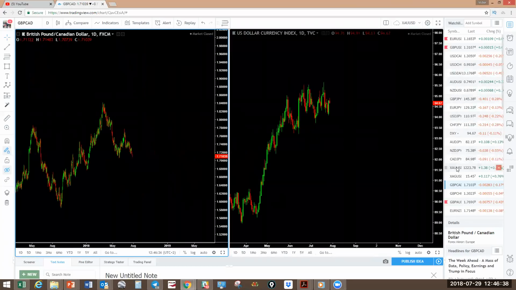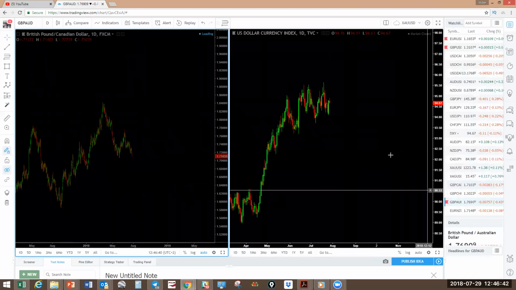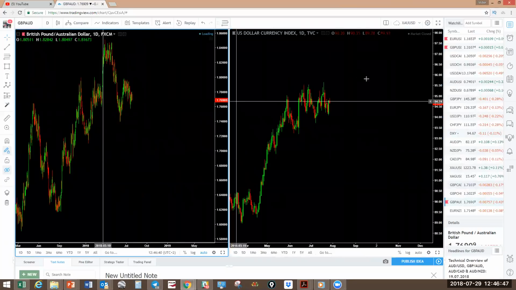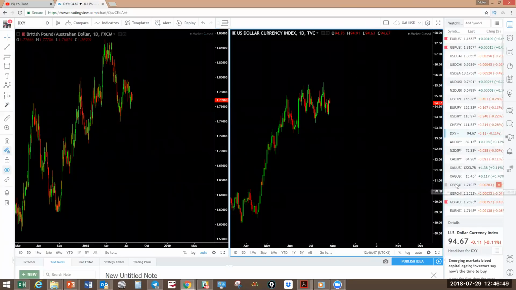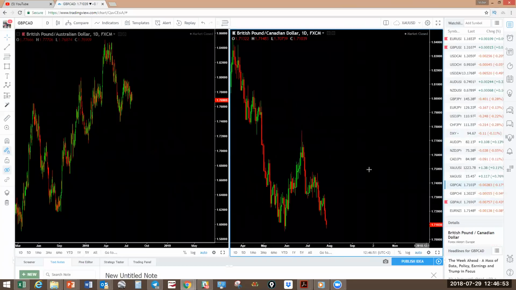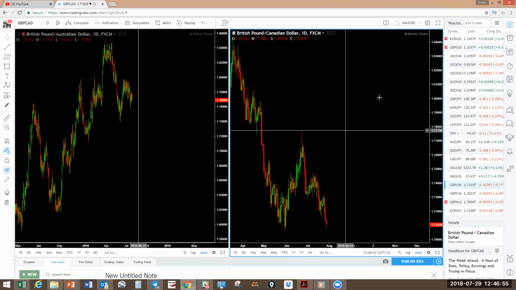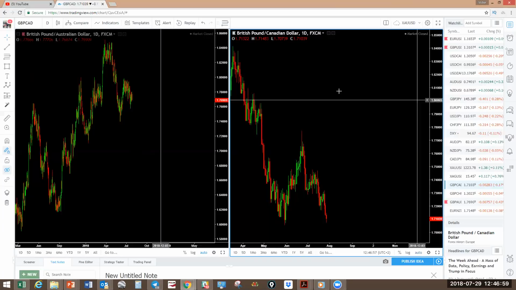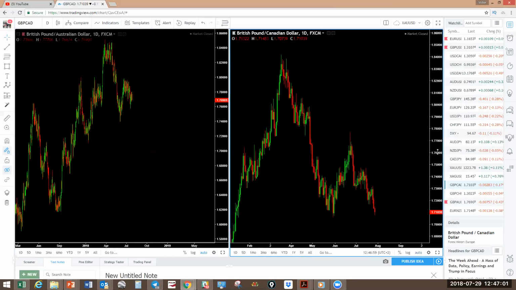Let's look at pound AUD as well. It's pound AUD on the left, pound CAD on the right. Let's look at both of them at the same time and look at this correlation.